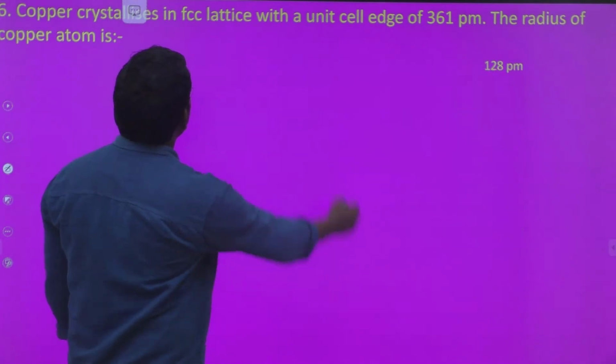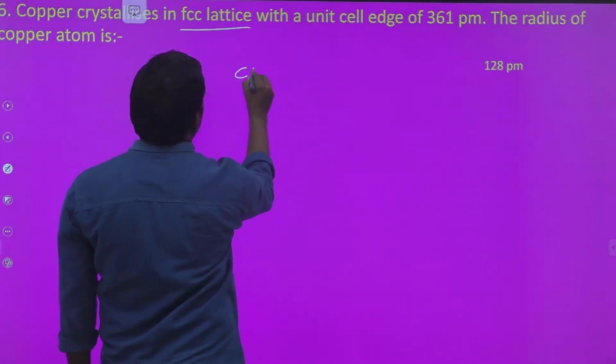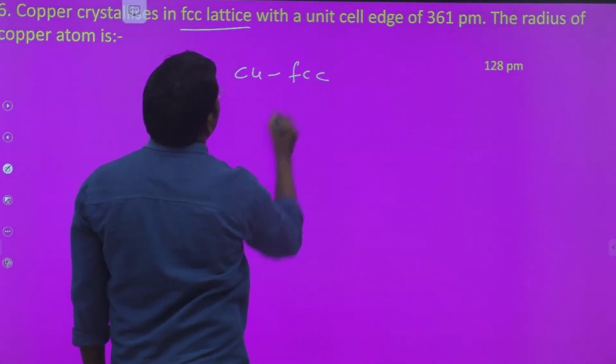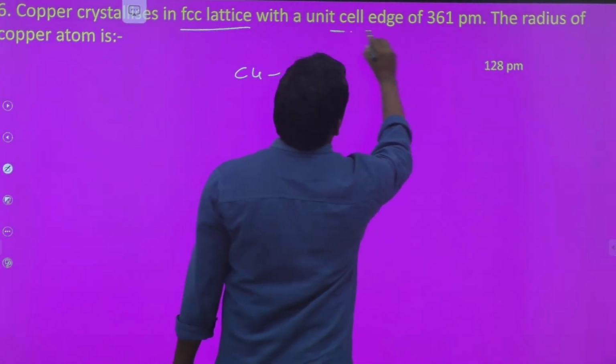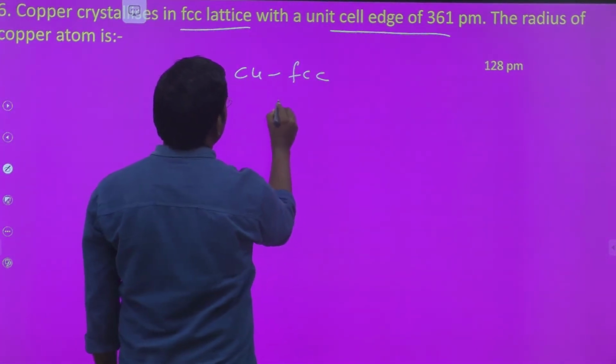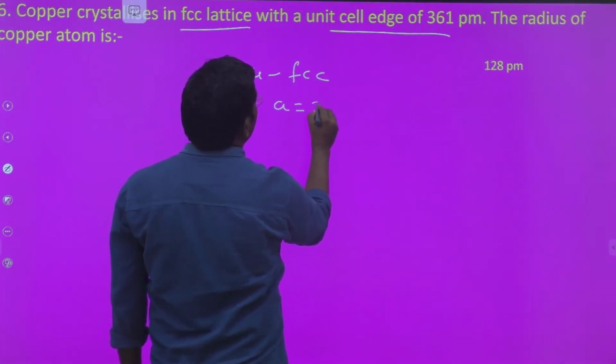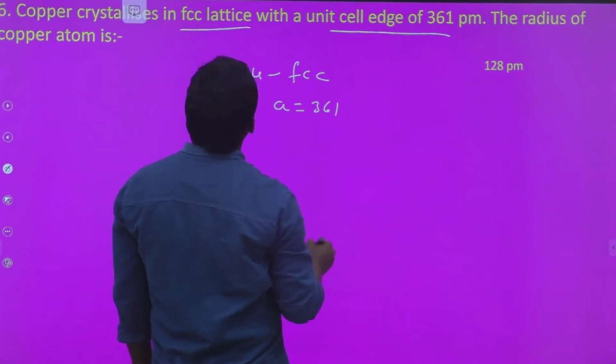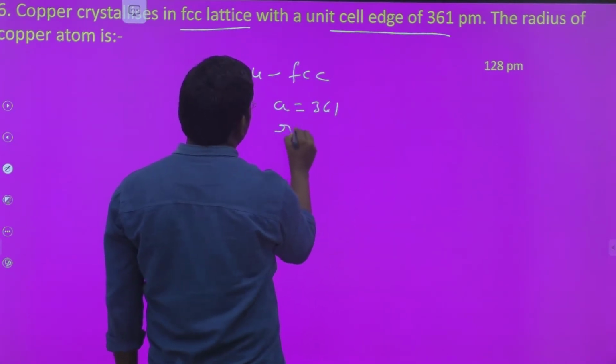Come to the next one. Copper crystallizes in an FCC lattice with unit cell edge length a equal to 361 picometer. The radius of the copper atom will be?